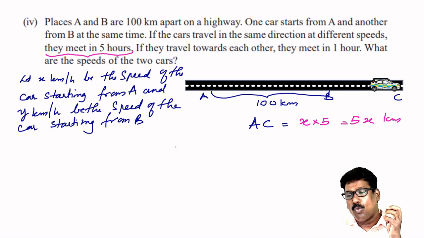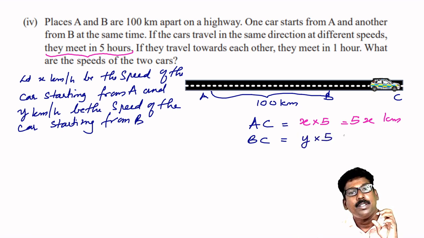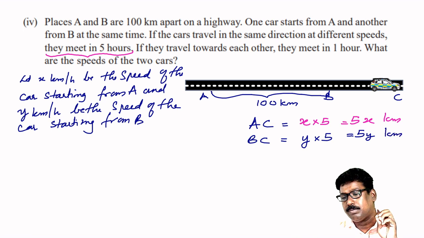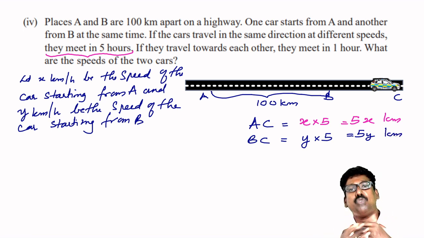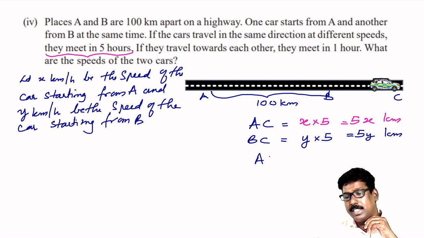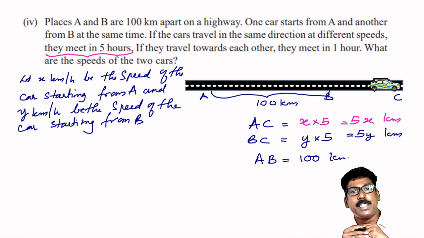If it is so, what is BC? The speed of the car starting from B is y. Time taken is 5 hours. Therefore, BC is equal to y into 5, which is 5y kilometer. Now, how will you form an equation? You know the distance AB is equal to 100 kilometer. From AC and BC, you will get AB.